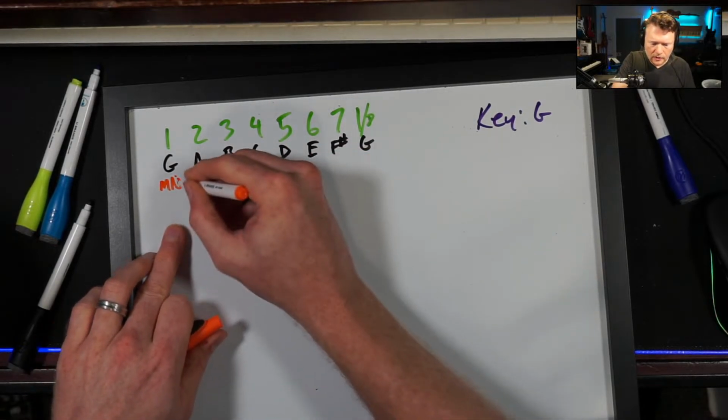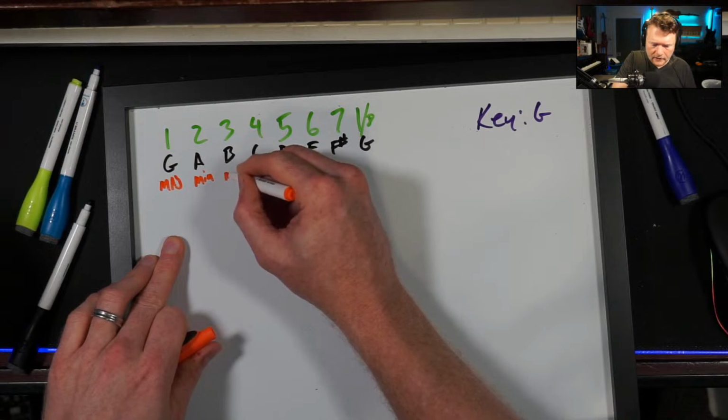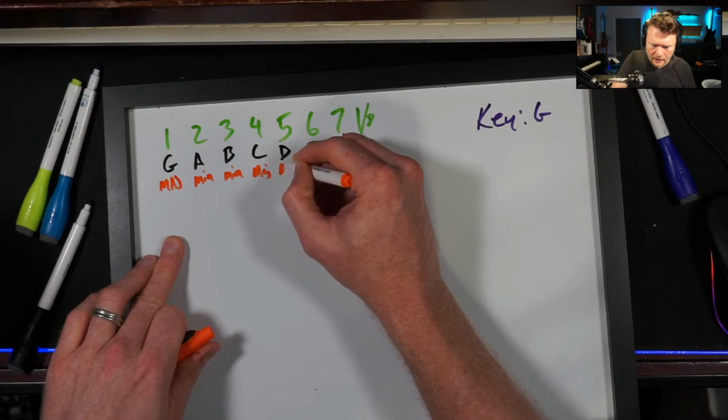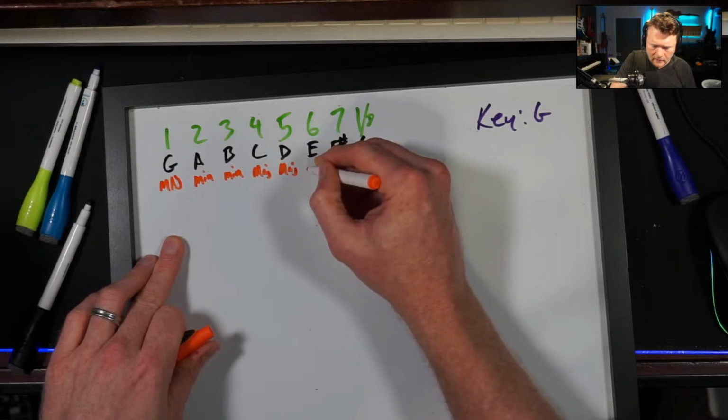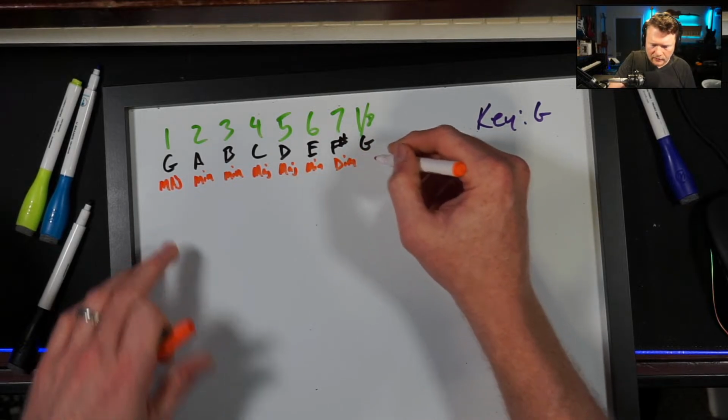This is a major chord. This is a minor chord. This is a minor chord. This is a major chord. Major, minor, diminished, and then we're back to where we started.